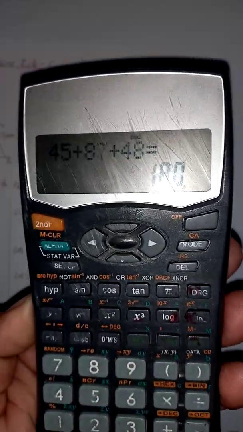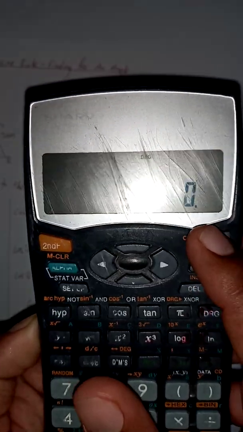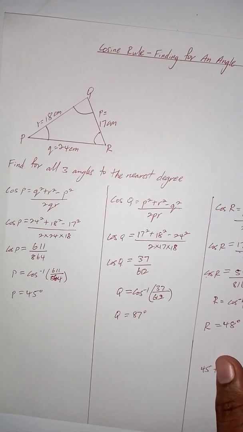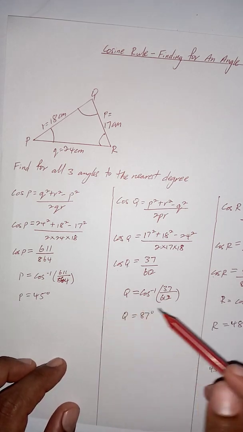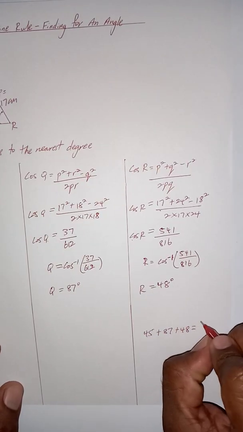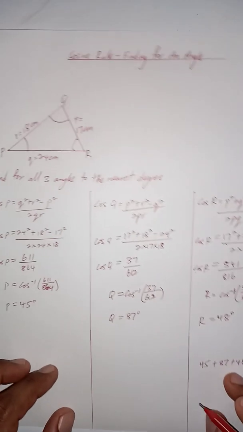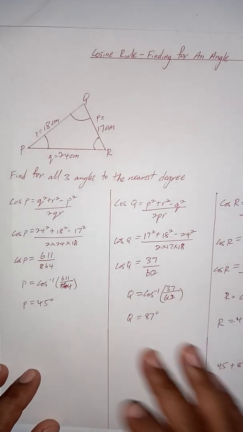Good, so we have exactly 180 degrees. So whenever you're working this problem and you want to find all three angles, you can go ahead and find them. When you add all three, you should have 180 degrees. So let me write it here. 180 degrees. And this will prove that your answers are correct.